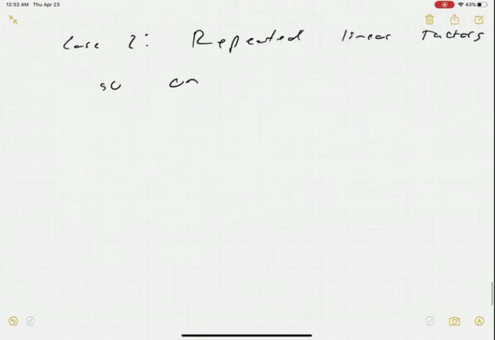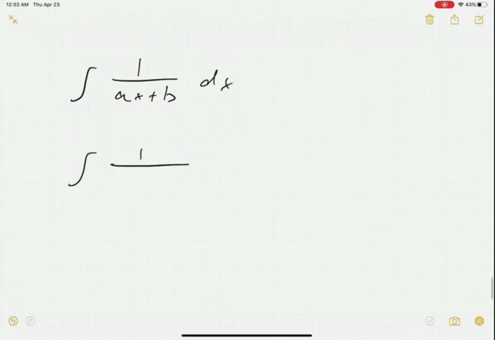So how do I integrate something like this? For example, this is my terminology, just an ln integral.